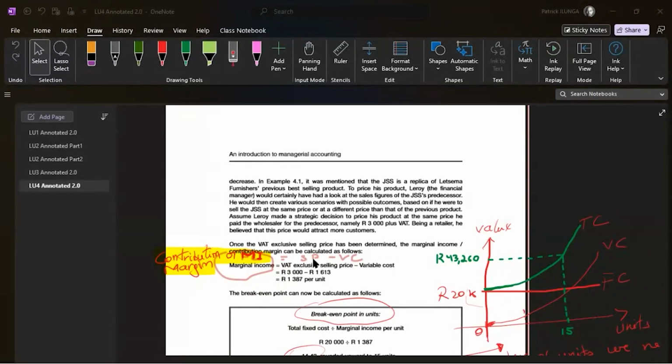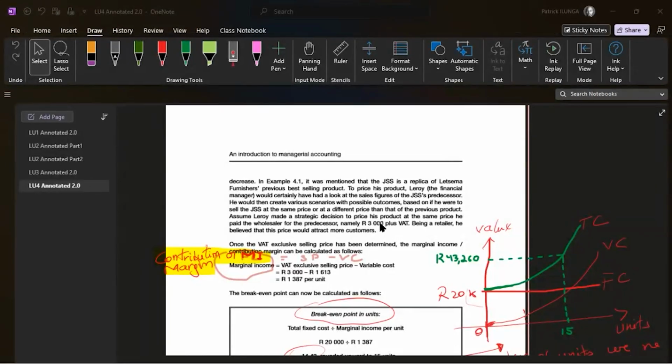It was so simple because when we were talking about 1 rand, we just look at what represents this. When we're looking at the selling price, how much are we going to sell this for? It's VAT exclusive, not VAT inclusive. They tell you here, 300.